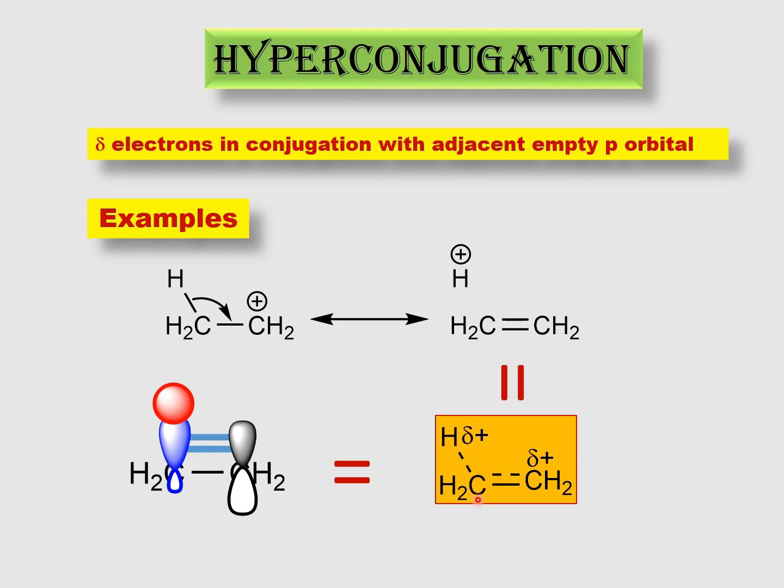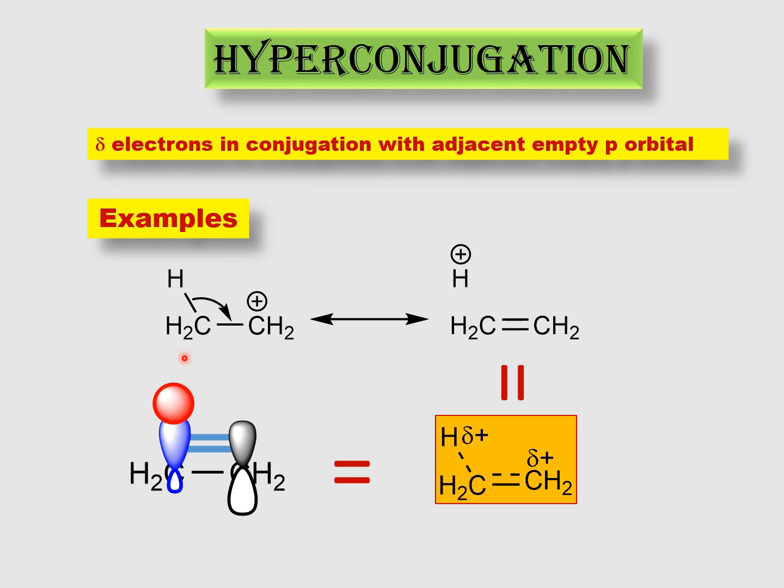Now, see, this carbon has 3 hydrogens, so it means that all the 3 hydrogens can be involved in hyperconjugation. So in fact, this carbon can get rid of the positive charge because of hyperconjugation with all the 3 hydrogens on the adjacent carbon atom. In this species, we have 3 hydrogens which can be involved in hyperconjugation, and we call these 3 hydrogens hyperconjugatable hydrogens.